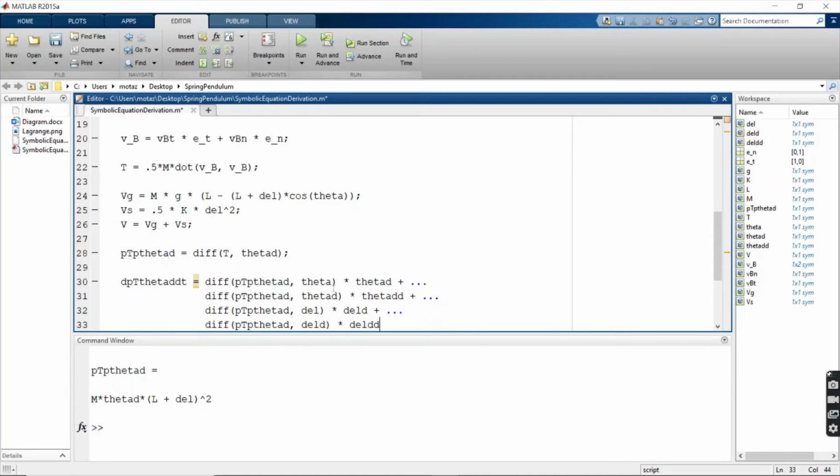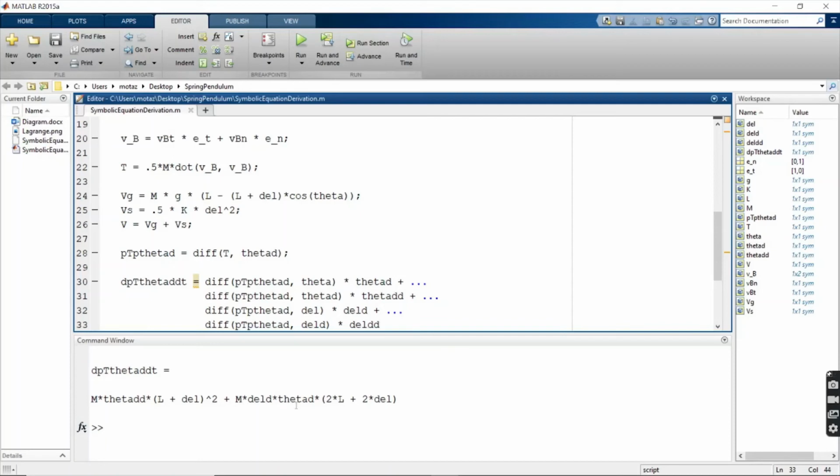Or with respect to just theta, it'll be zero. Or if we differentiate it using del dot, it'll be zero. But just to keep all the terms there, we write them out. Okay, so it's not too bad.